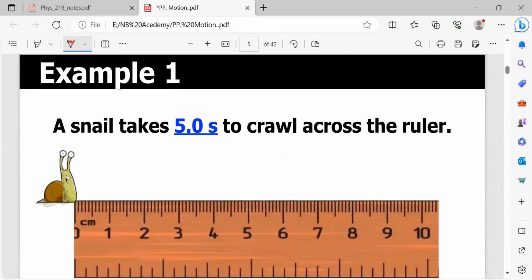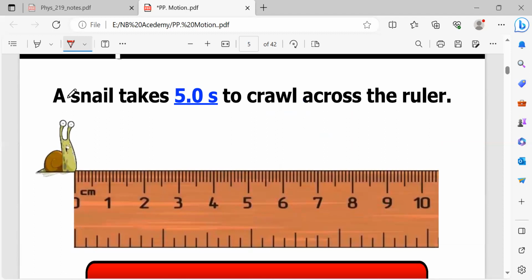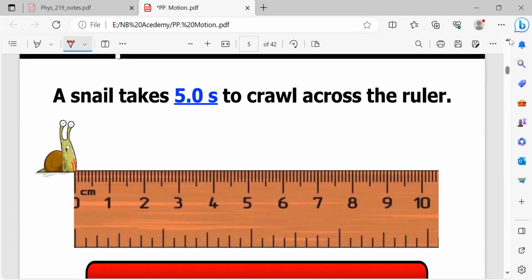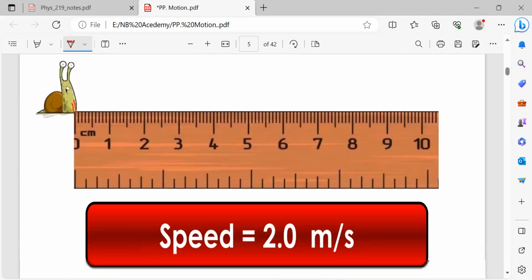Here we have an example. A snail takes 5 seconds to crawl across the ruler. So here we can find that the snail starts from 0. Here is the first position, and it ends its motion at 10. Okay, and it covered this distance in 5 seconds.